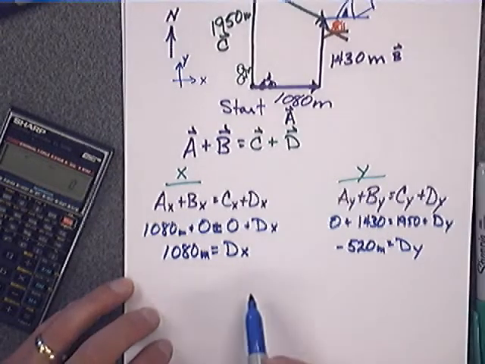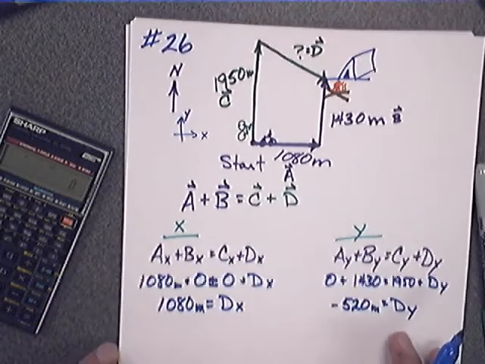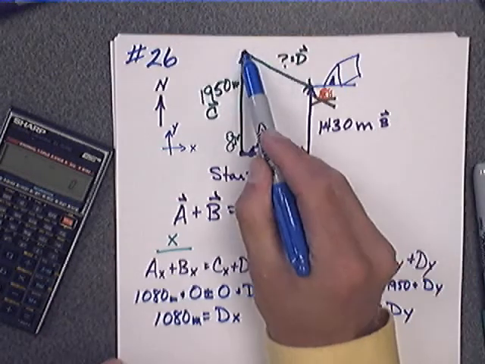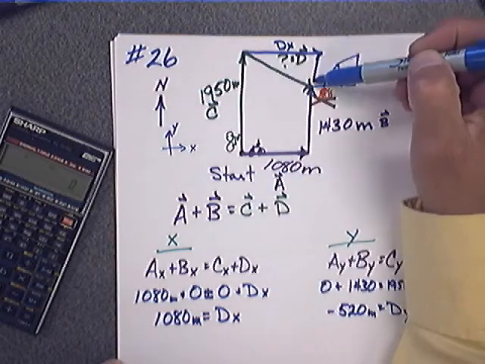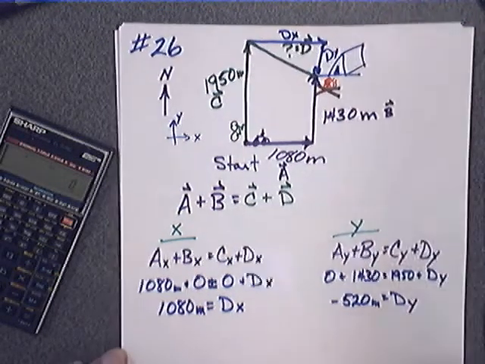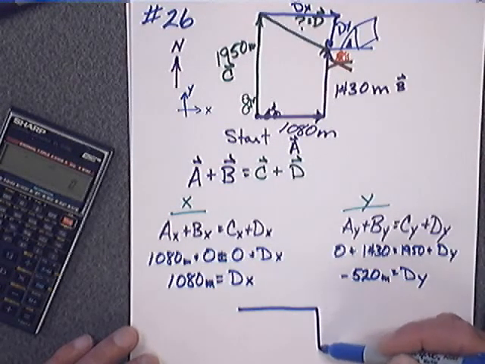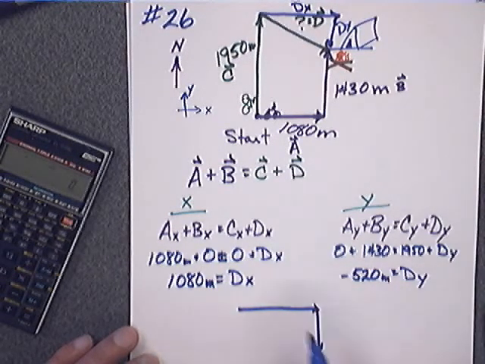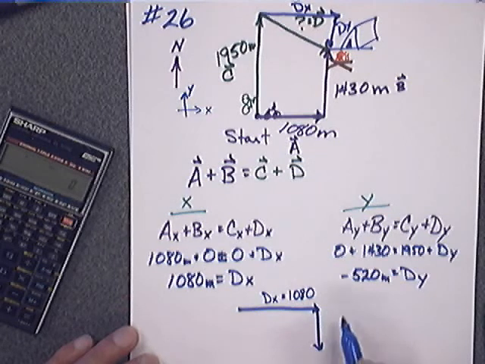So let's make a nice little triangle. We have the components of our triangle here. We're going to have D in the X direction, D in the Y direction. So we have a nice little triangle that looks like this. dx, which is 1080, dy, which is 520.